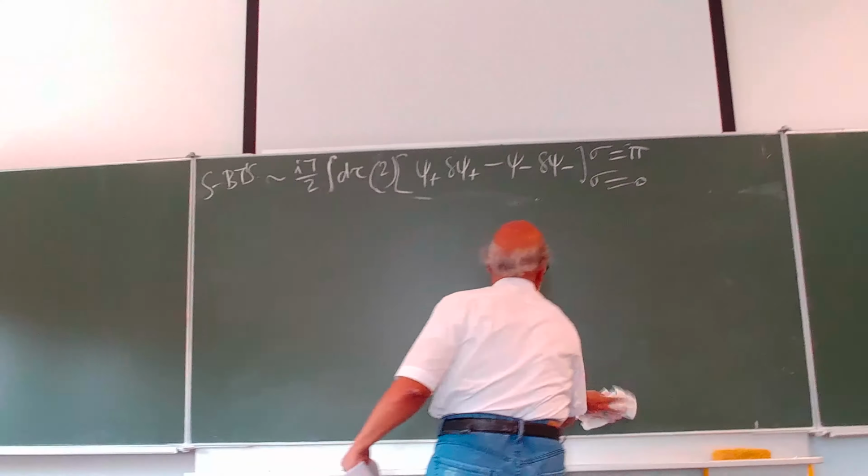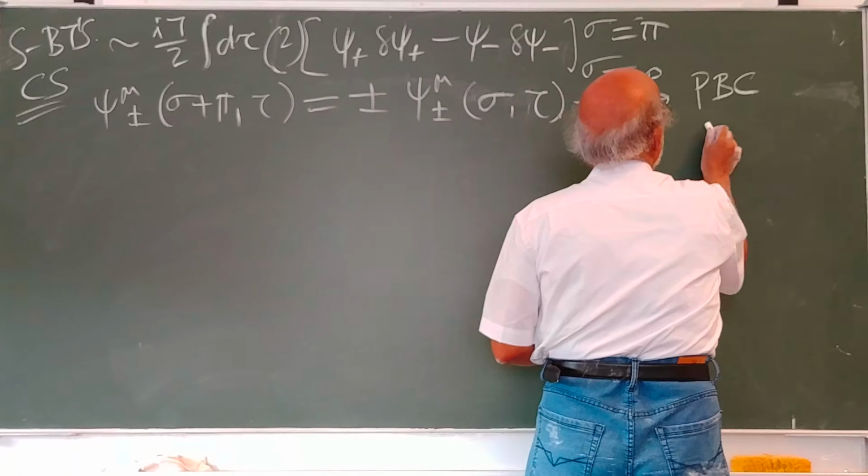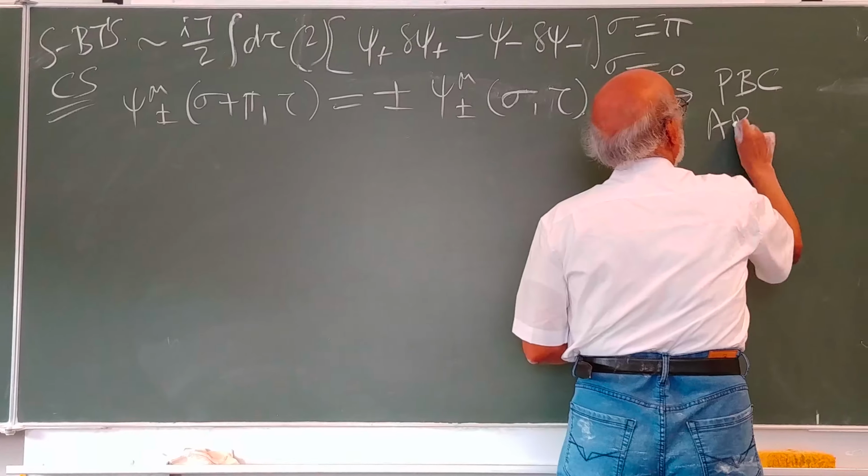So for closed strings, what can we have? We can have either periodic or anti-periodic boundary conditions. So this with plus sign is periodic boundary conditions, and with minus sign is anti-periodic boundary conditions. So we can have either plus or minus.